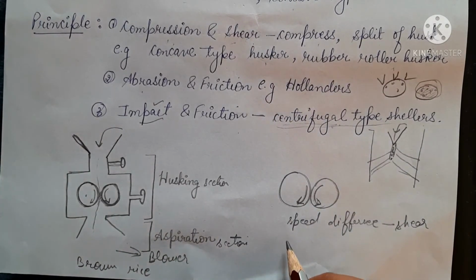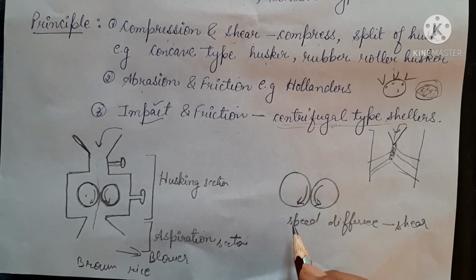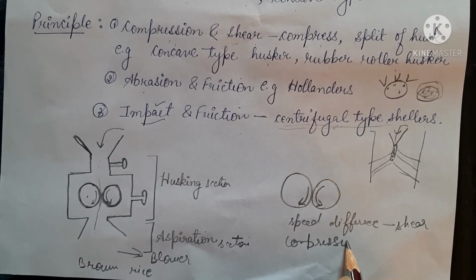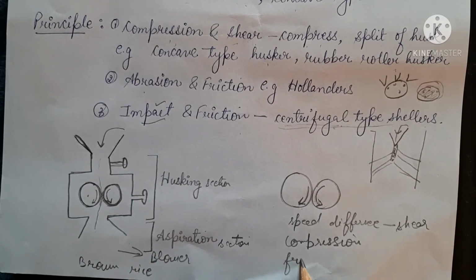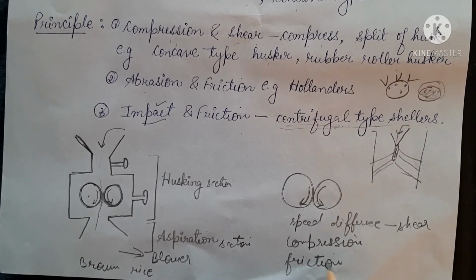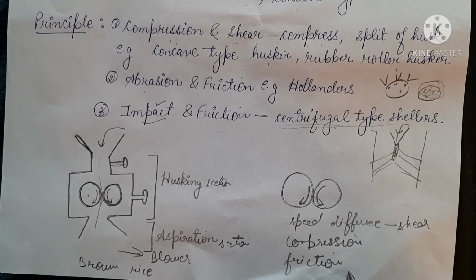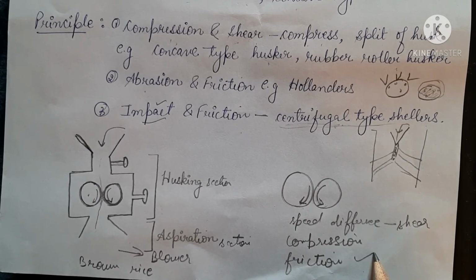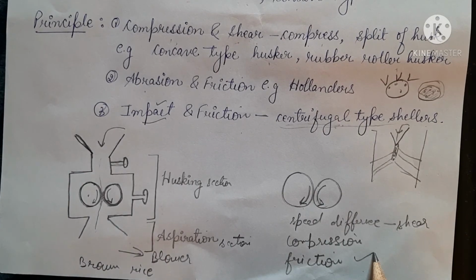Yes, the rice kernels will be compressed, so compression will be there, and certainly there will be a little bit of friction also. Since there are fewer brokens and a large amount of head rice is produced, this type of husker is considered to be most efficient in today's date.